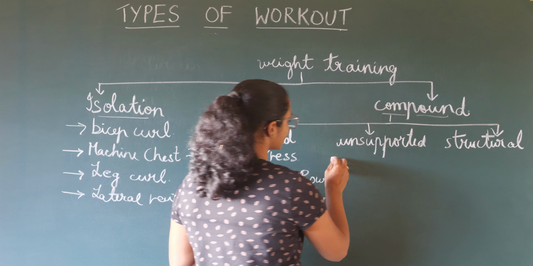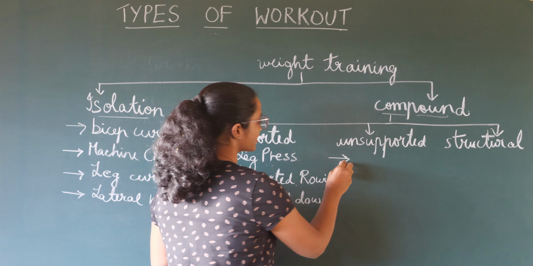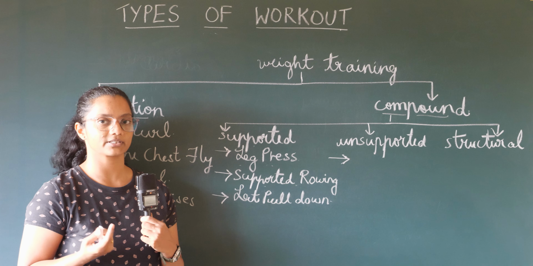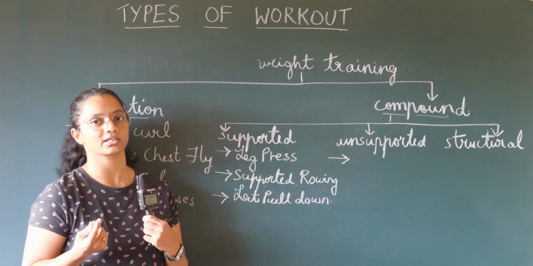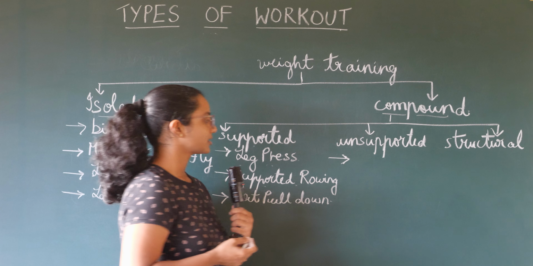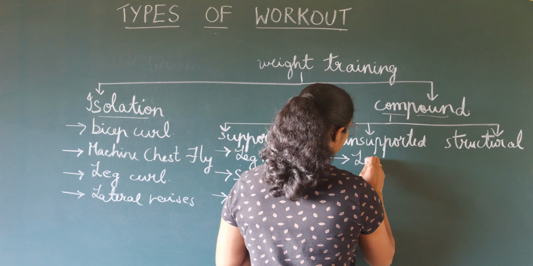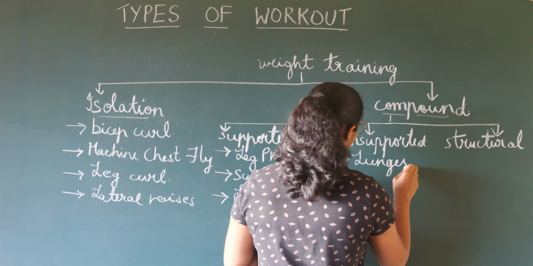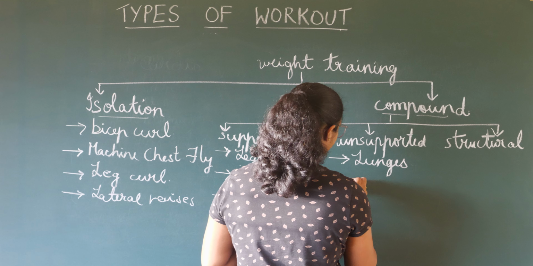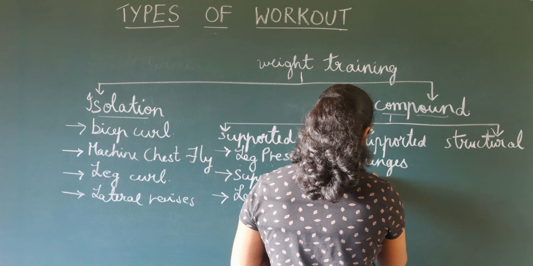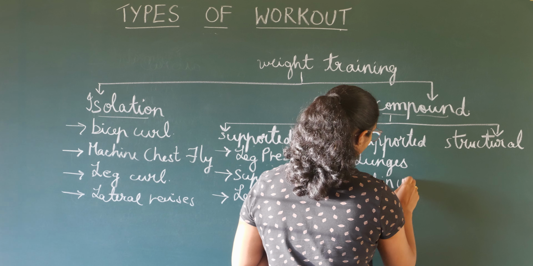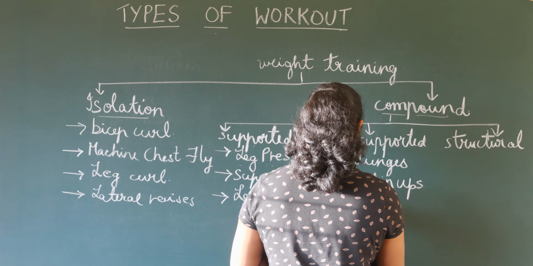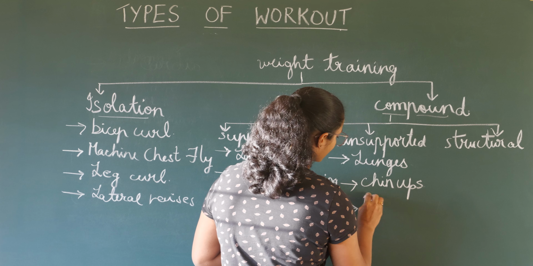Unsupported movements is where there is multiple joint movements, two or more, but you are not taking any support. And this is lunges, then chin-ups and bent over row.